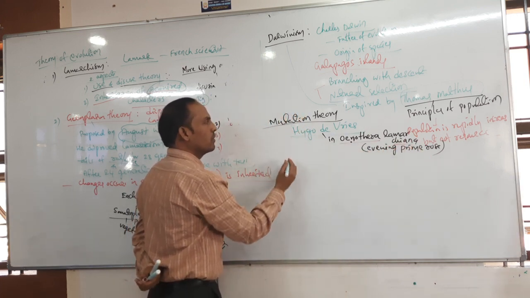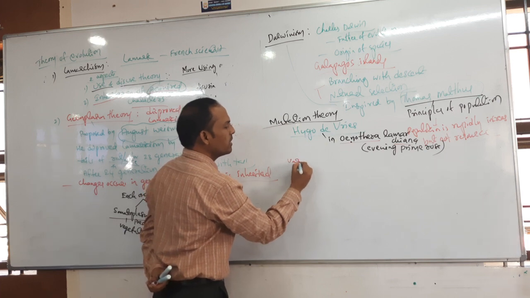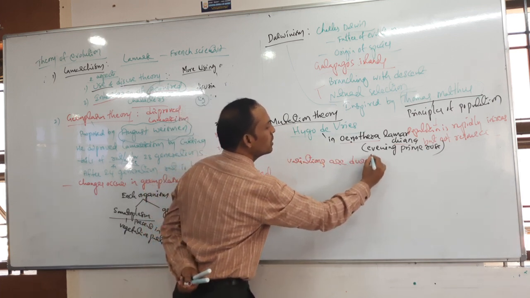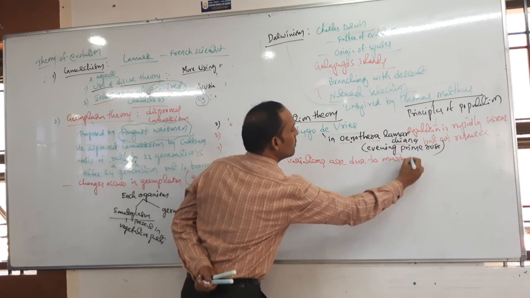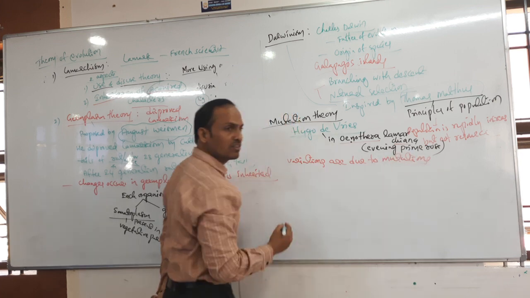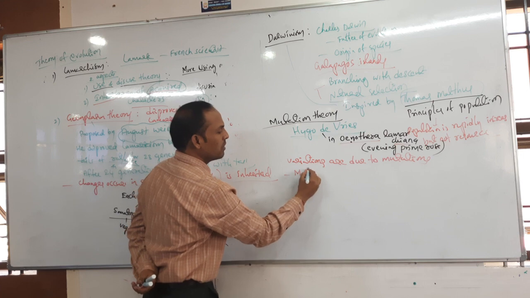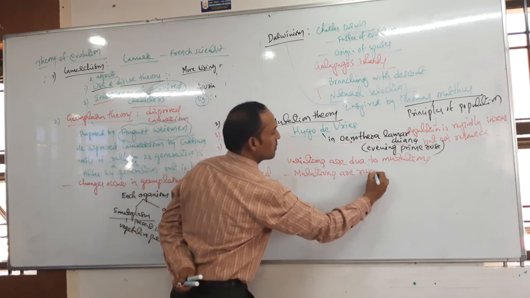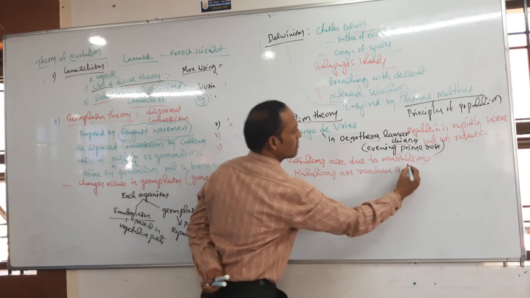According to mutation theory, the variations are due to mutations. Very, very important. Next point: mutations are random and directionless, no direction.